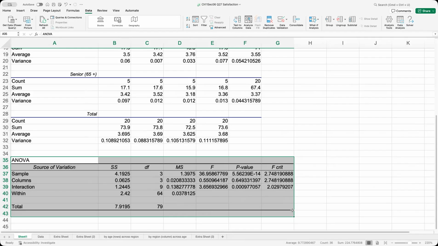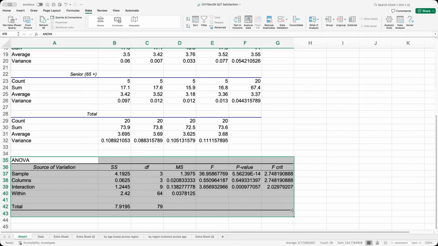So, for the rows, which in this case is labeled sample, rows, columns, interaction, do the rows matter? Does my choice of row matter?